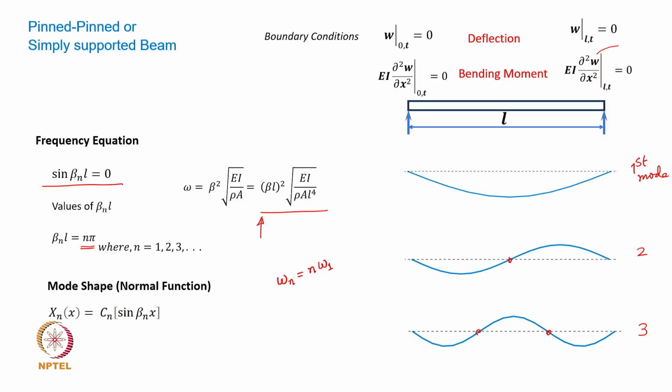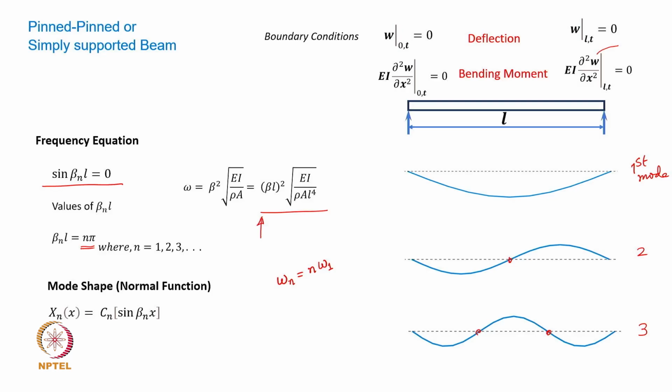Even if you take the case of a simply supported beam, the second natural frequency is 4 times the first natural frequency, and the third one will be 9 times, and so on. So they are not harmonics or integer times the fundamental, right? So if the first natural frequency of the beam is 40 hertz, the second one would be 160 hertz, and so on.